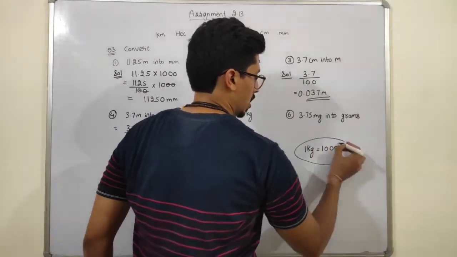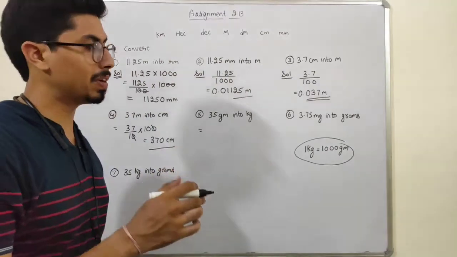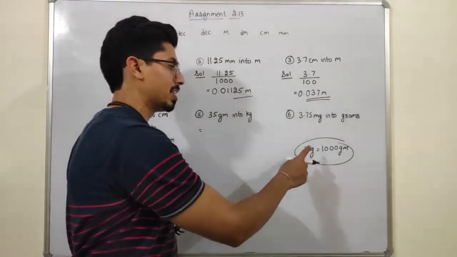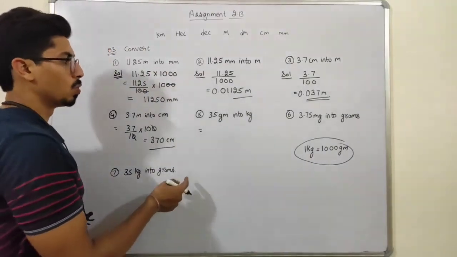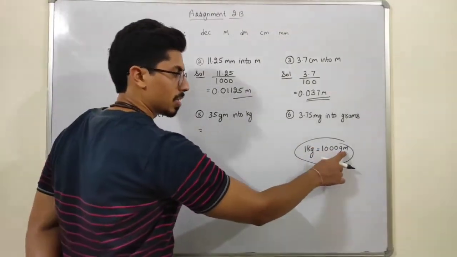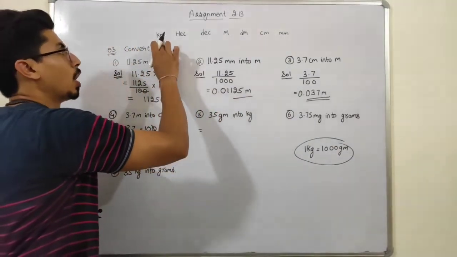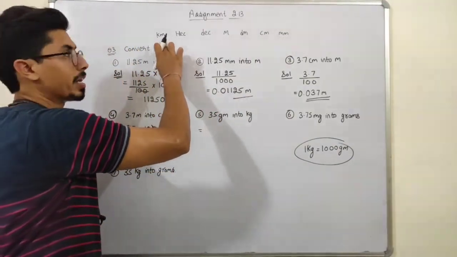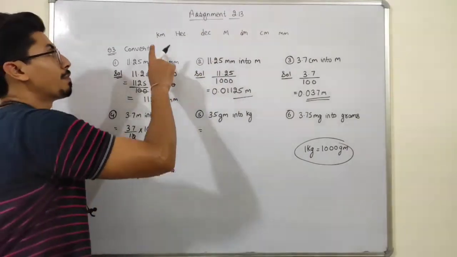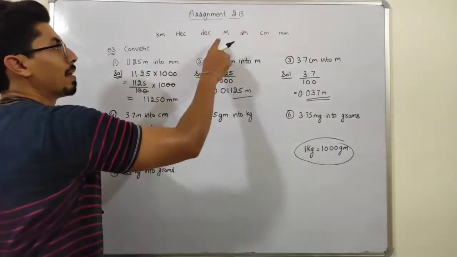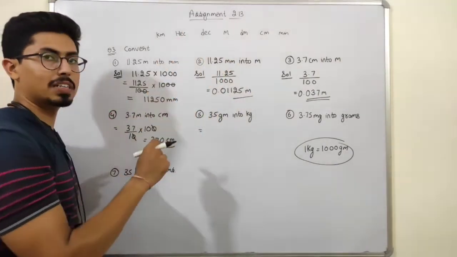Okay, this is a very basic unit as we use this in our daily life also. That is 1 kg is equal to 1000 gram. So gram is the smaller unit and kilogram is the bigger unit. Similarly, see, kilometer is the bigger unit and meter is the smaller unit. So if I have to go from kilometer to meter, I have to multiply, and if I have to go from meter to kilometer, I have to divide.